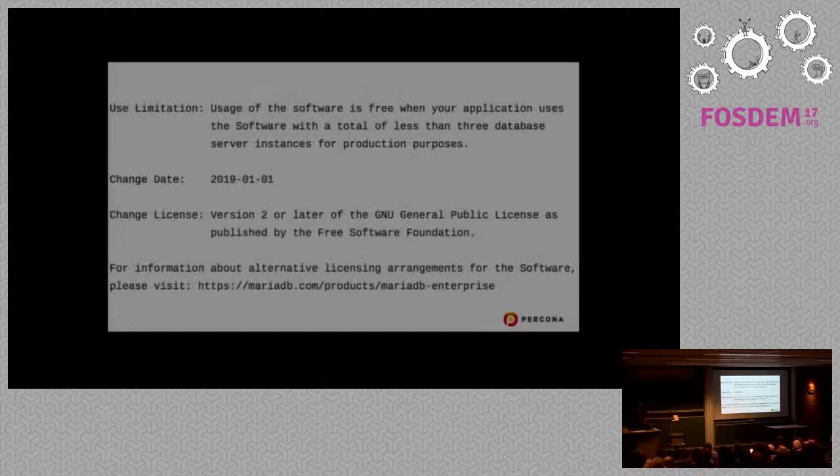In this case, they tell you you are not allowed to use MaxScale in production if you have more than 3 database server instances in a free fashion. I don't know how that is enforced except through this use limitation. And after 3 years, it becomes GPL. And Richard Stallman himself, back in the day, during the Ghostscript Aladdin license debacle, said he considered it a problematical compromise because it gave us free software after a year.